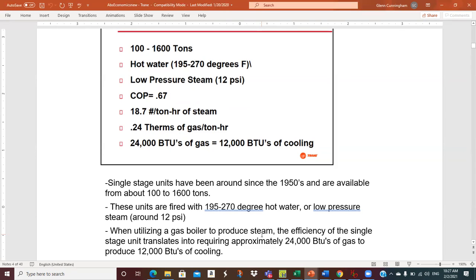Not that you really care, but if you were doing an analysis, you could say, hey, we have an 85% efficient boiler, and you could go back and modify the numbers.